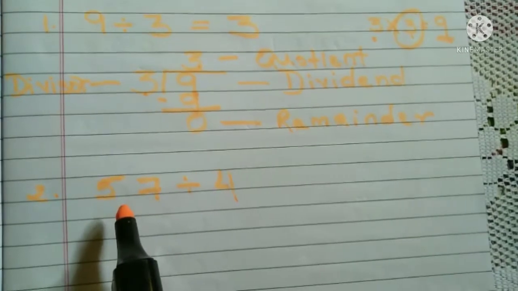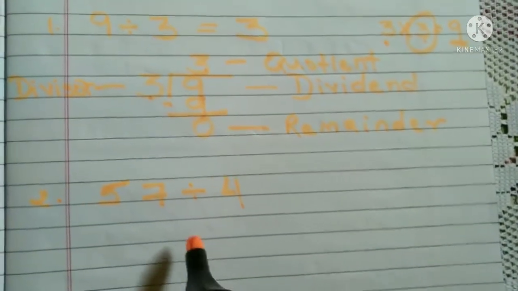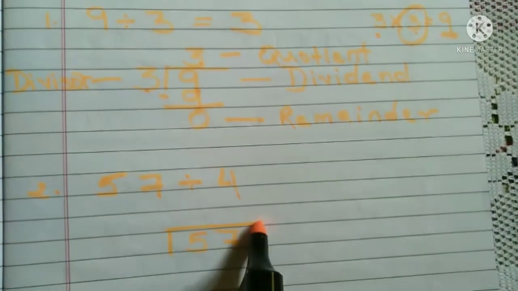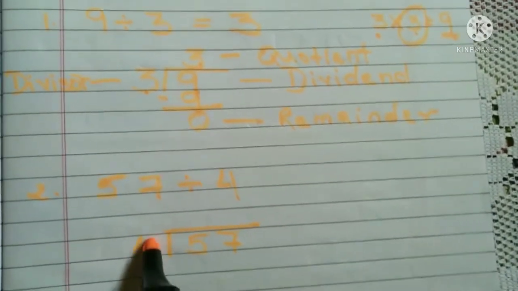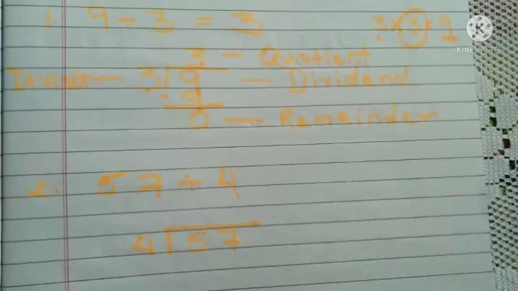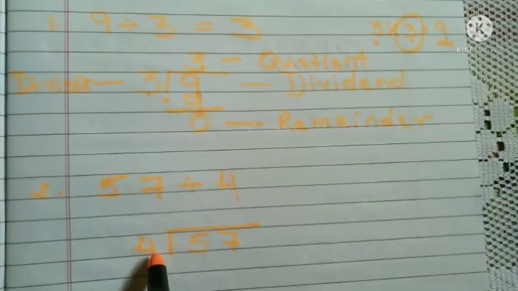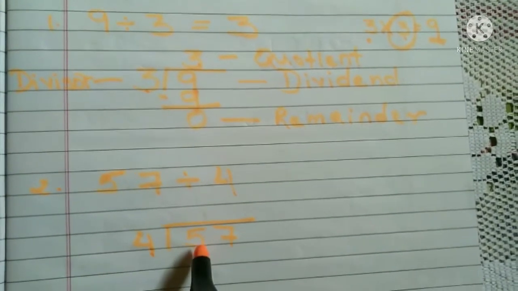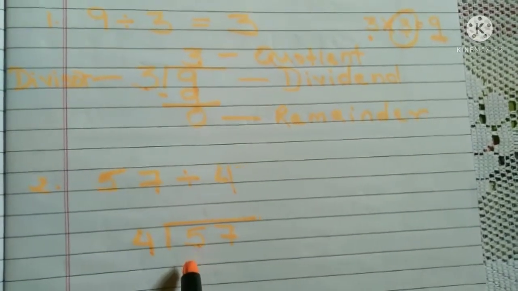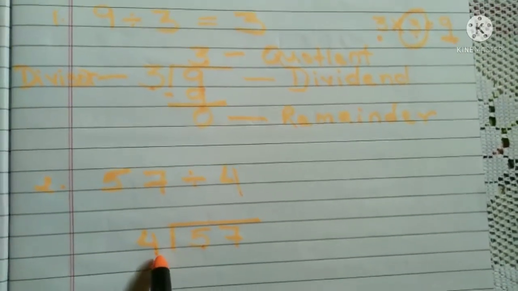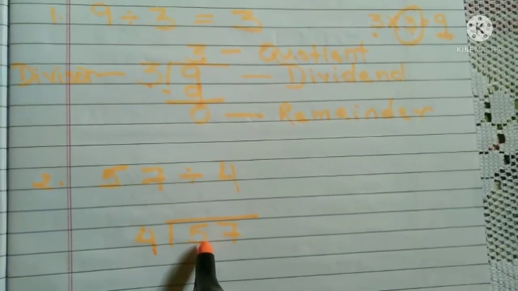So 57 will be in the dividend place and 4 will be at the divisor's place. Now, when there is only a one digit divisor, you need to take only one digit from the dividend place. That is 4, and here it's given 5.